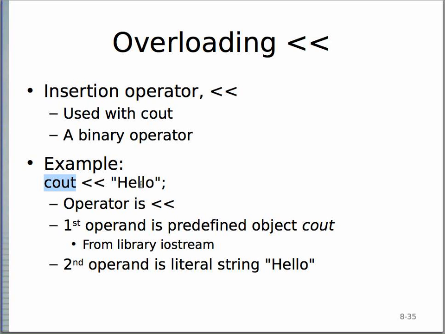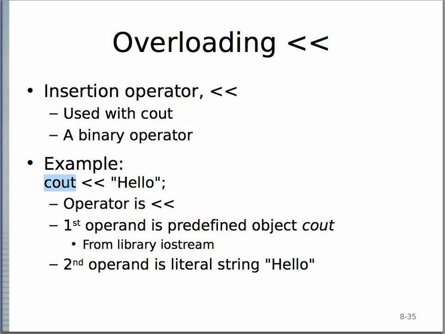Remember, with the addition operator, the examples that we looked at so far have had an object on each side of the plus operator. In that case, we could set up a member function. Here, since the first operand is cout, we cannot really redefine cout.